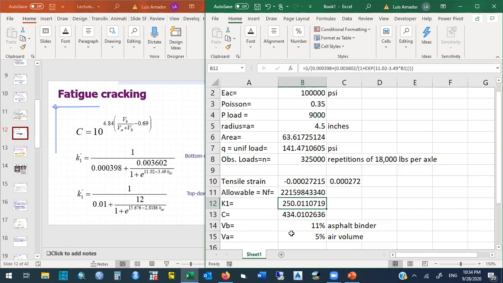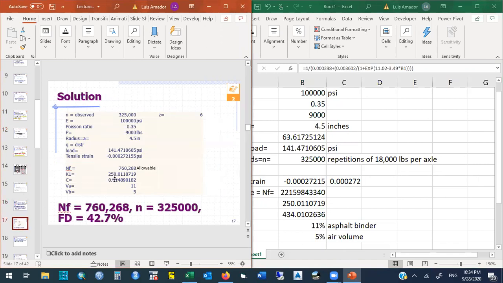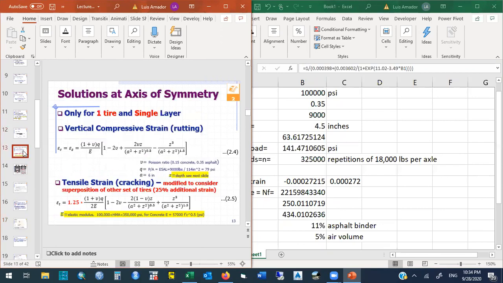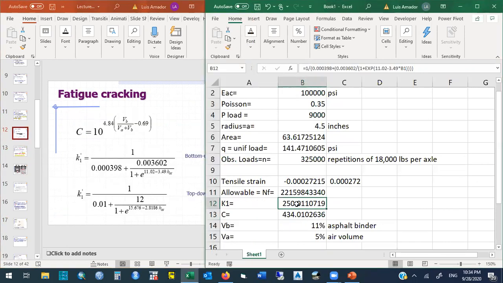What is the K1 in the presentation? Oh, I have it here. Oh, the C is completely different. So something is wrong on this C. The K1 is 250, so that should be about right. Yeah, so the K1 is fine, but the C, something might be wrong.